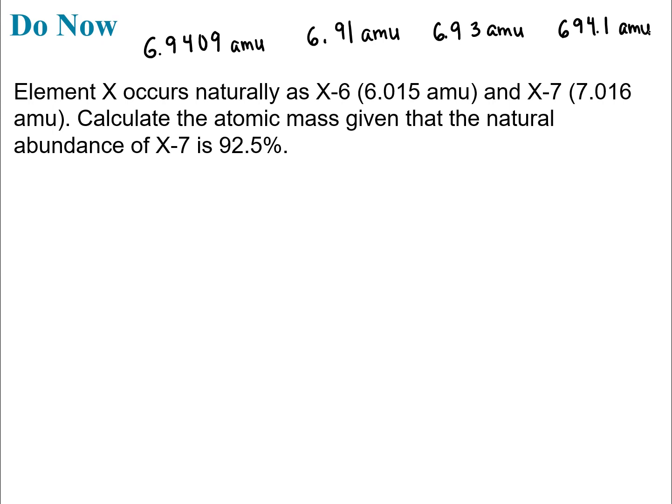So let's go through and solve it. We have this element X that occurs naturally as X6, and its atomic mass is there, and X7. Calculate the atomic mass given that the natural abundance of X7 is 92.5%.